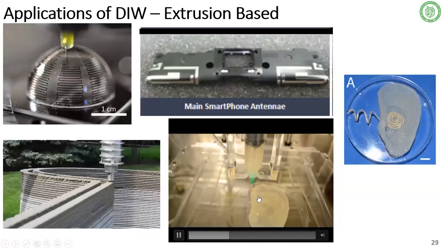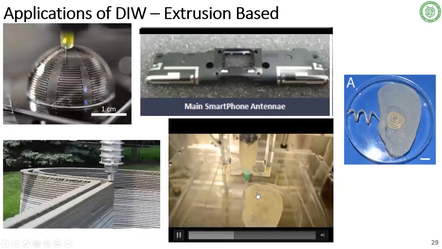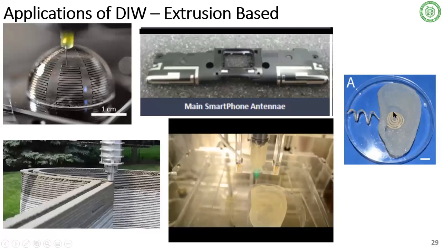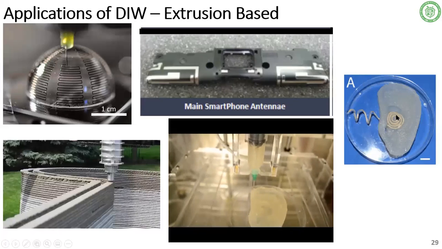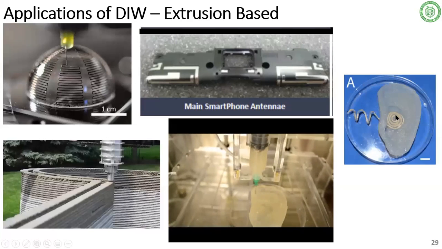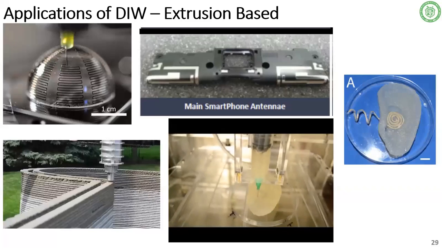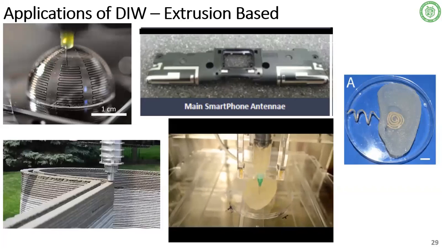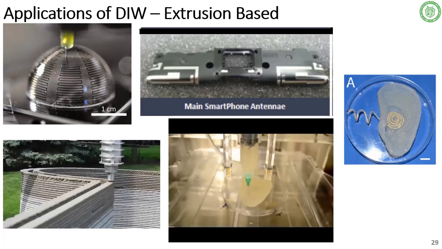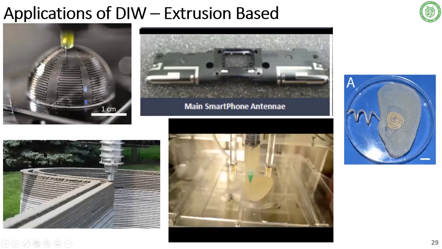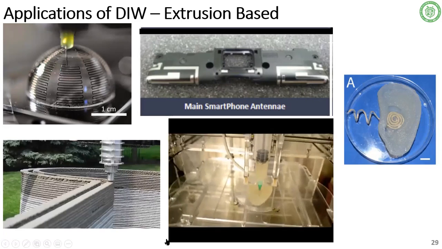This is bioprinting, an artificial ear being printed with embedded electronics. Bioprinting or tissue printing is also done through direct ink writing. Organ printing: nowadays there is huge research on organ printing. This is cement printing, with civil structures being printed.